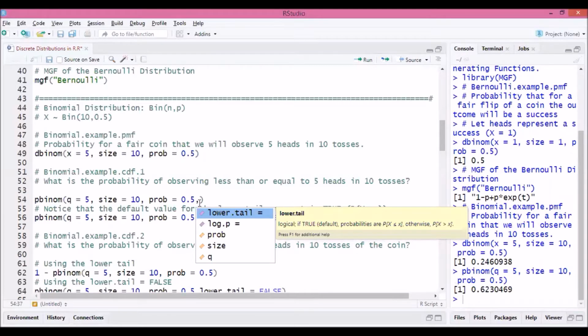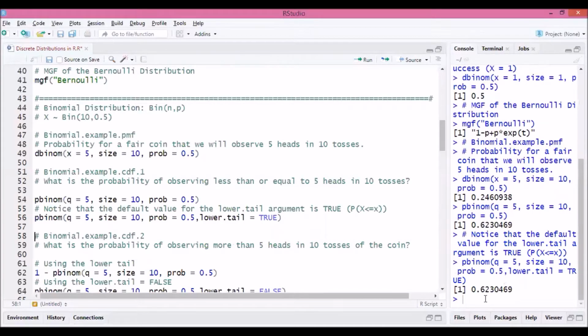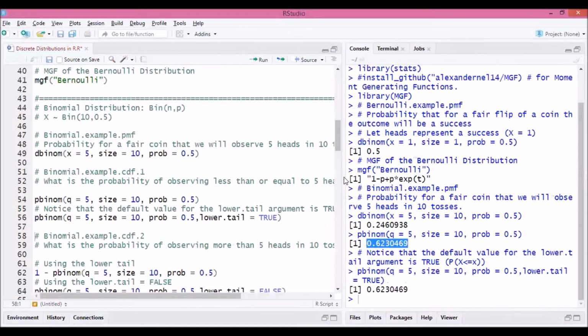So less than or equal to is the default value of pbinom, which gives us the cumulative distribution function. Its default value, lower.tail equals true. As you can see here, the result for lower.tail equals true is the same as leaving it out, so we end up with the same results in both cases.